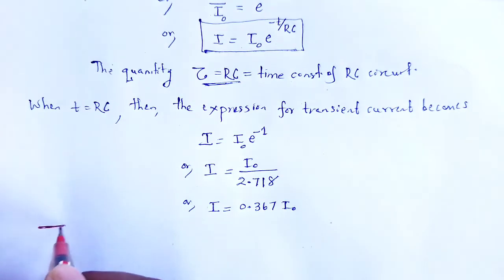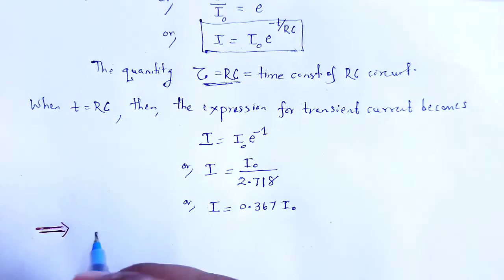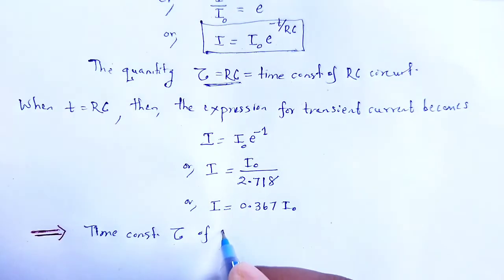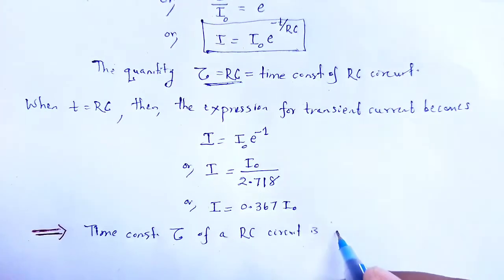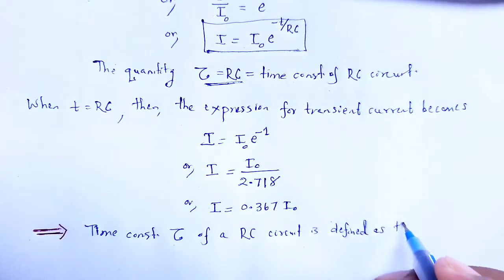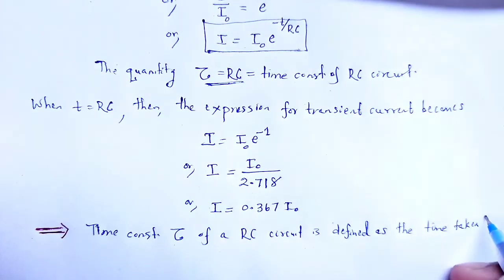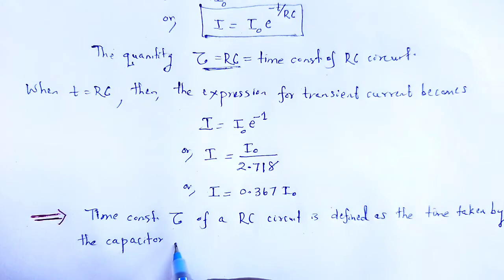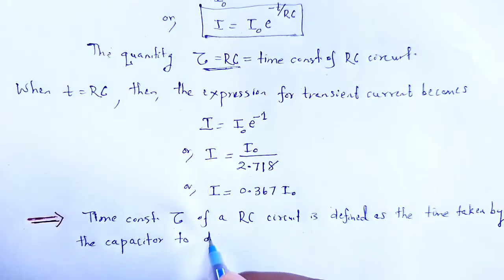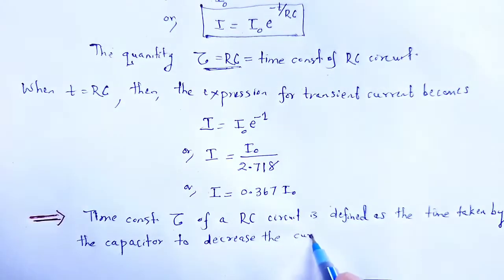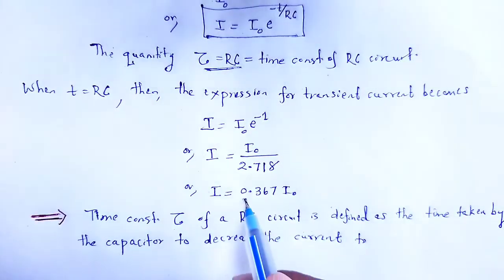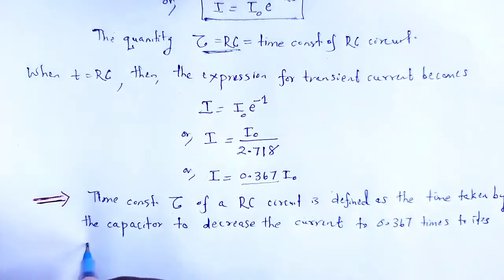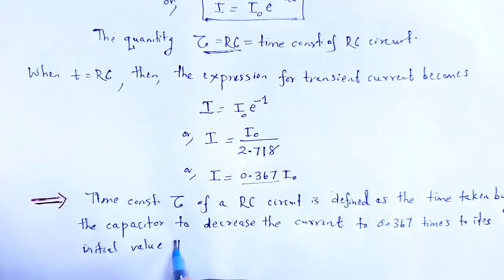Hence, the time constant tau of an RC circuit is defined as the time taken by the capacitor to decrease the current to 0.367 times its initial value, that is I naught.